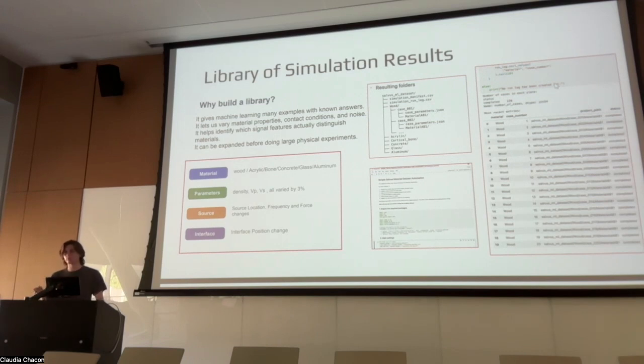But in order to account for differences in the real world in the wave or the material that it bounces off of, we also simulated each material about 20 times with differences in the second material of up to 3%. Because we know that cypress and oak are both wood, but they have slightly different densities and properties because they're slightly different kinds of wood, and that was kind of accounting for this.